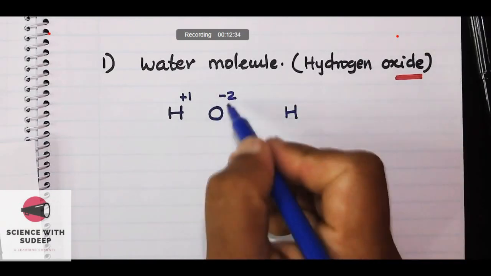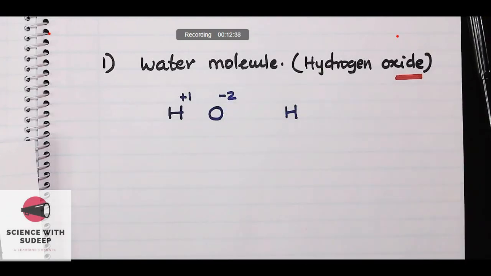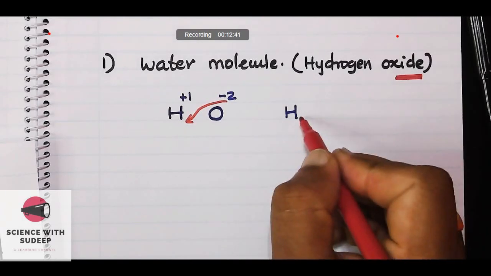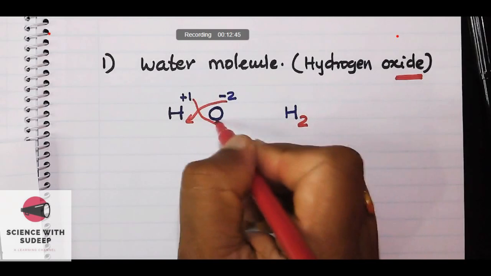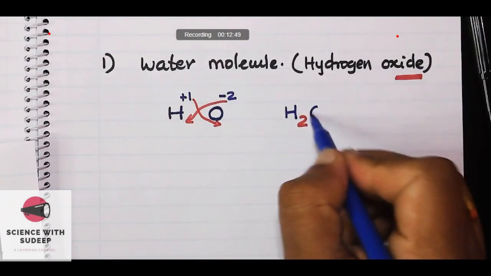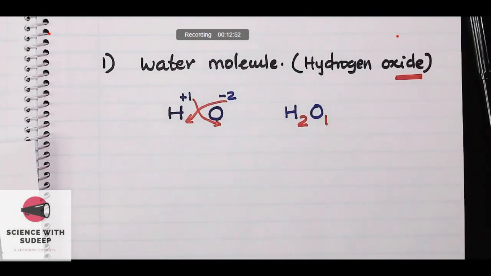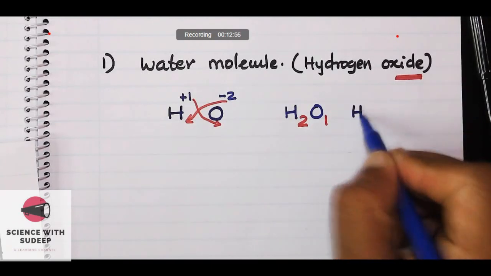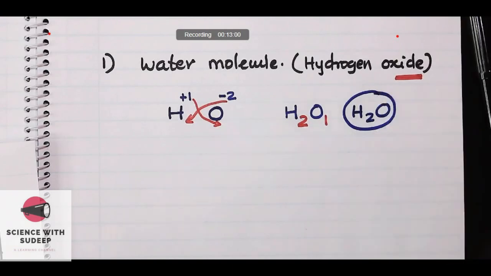The 2 belongs to oxygen, but it should come here for hydrogen, so you put that 2 here, and the 1 from hydrogen should come here for oxygen. Since oxygen has 1, we don't write it. The correct chemical formula is H2O for water molecule.